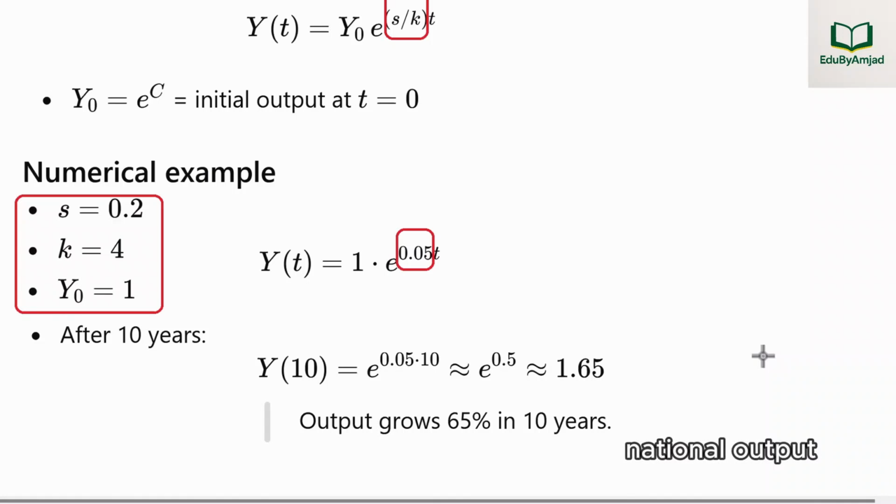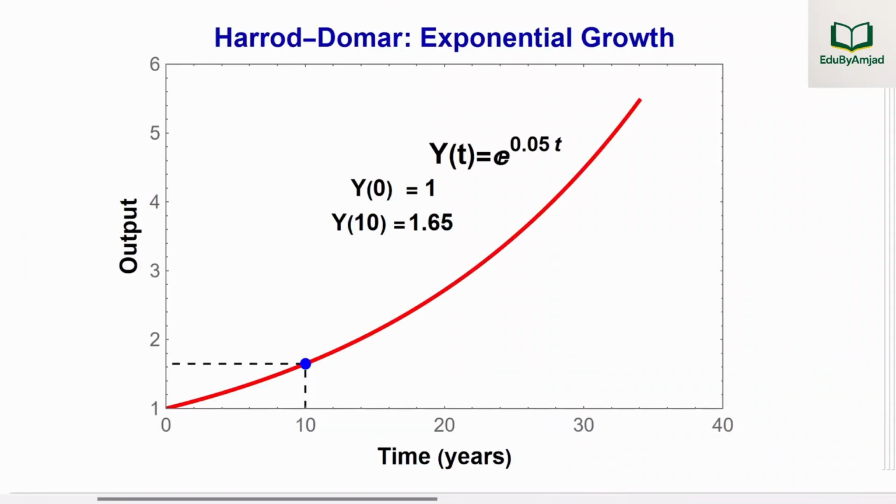This means national output grows exponentially at a constant instantaneous rate of 5% per year. The resulting output function is shown in the diagram. The exponential growth path is called the warranted growth path.